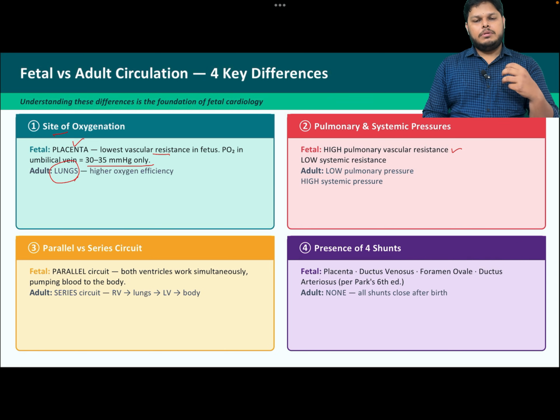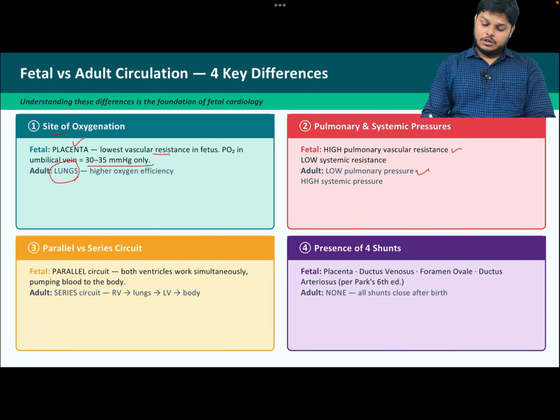Whenever the baby is born, when the baby has his first cry, the pulmonary vasculature opens up. The vessels that are vasoconstricted gradually become vasodilated, and the pulmonary vascular resistance falls. This fall continues for 6 to 8 weeks. Then it gradually changes into the adult circuit. You're understanding? Okay.